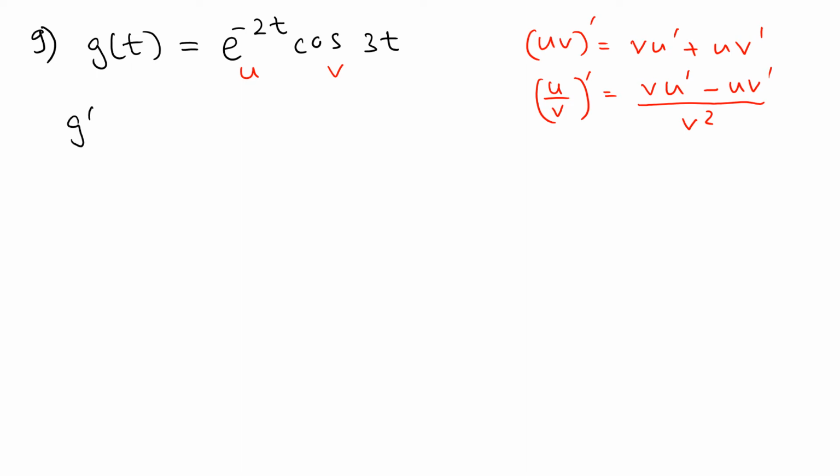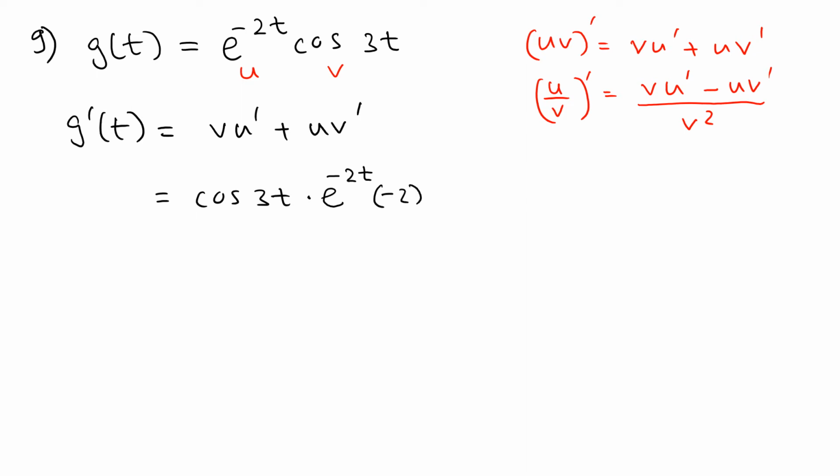So g prime of t is vu prime and then uv prime. You can see that it is cosine 3t, that's the v, multiplied by the derivative of u, which is e to the negative 2t times negative 2, plus.